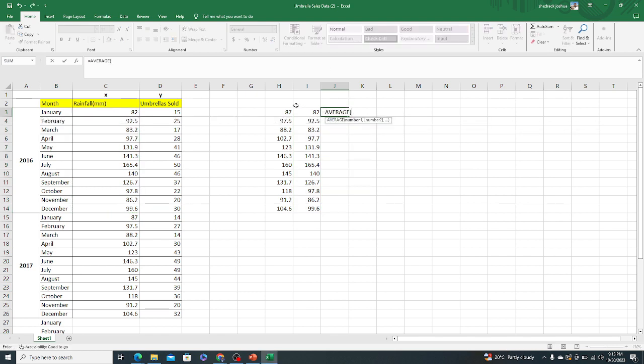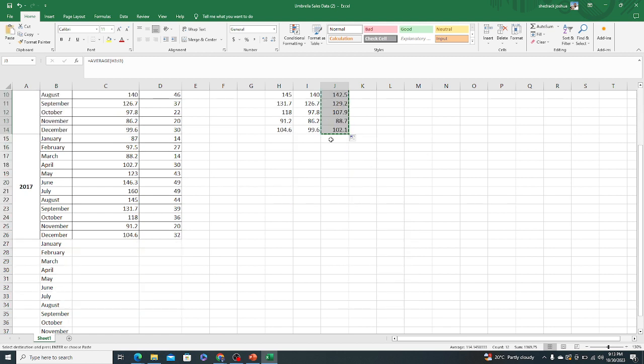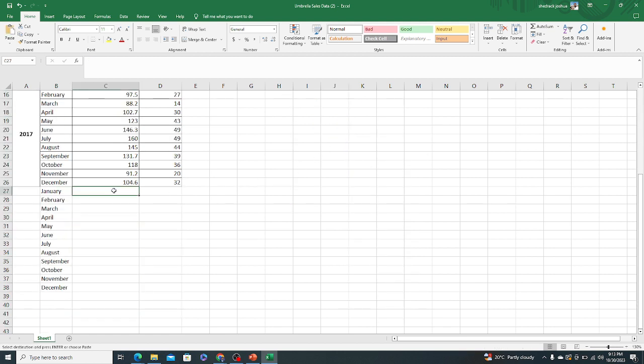I might decide to take the average of this, and say this is what we are expecting our rainfall trend to be.